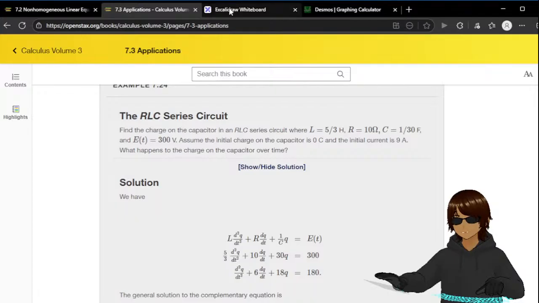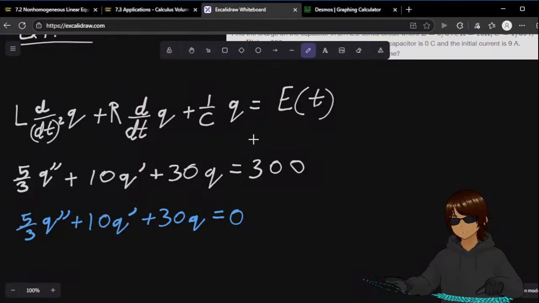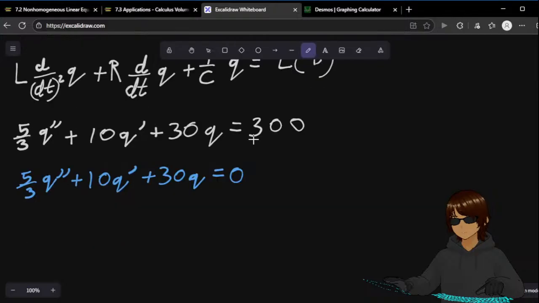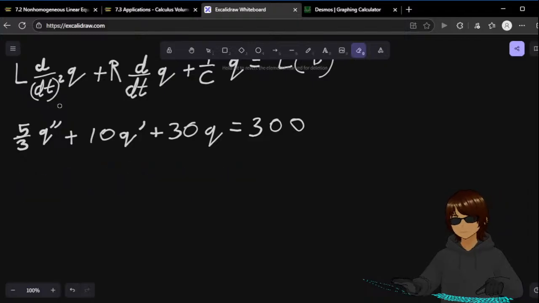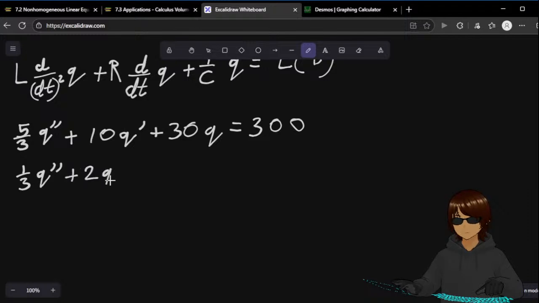General solution to the complementary. Okay. Hold on. Actually, yeah, let's just divide it first. Divided by 5.